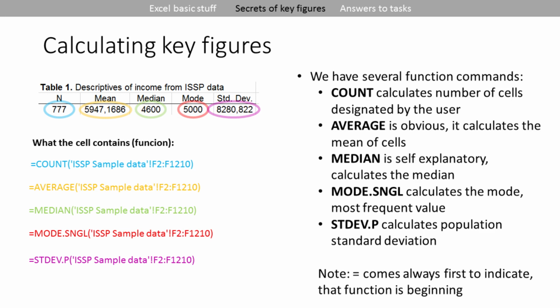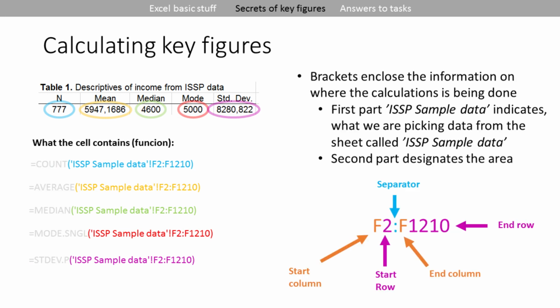And let's go a little bit deeper than that. Here you can see how what's inside the brackets works, what's inside the function basically. Brackets enclose the information on where the calculations are being done. The first part, the ISSB sample data, indicates what data is picked from what sheet. So that's the sheet name, which is the reference point. Excel can pick something from a different sheet; it doesn't have to be the sheet where you're calculating functions. And the second part is as follows.